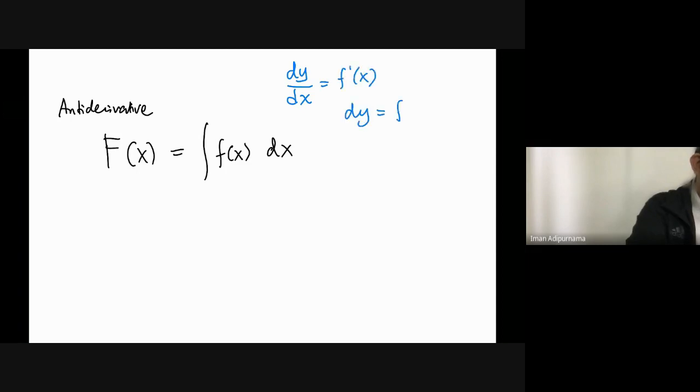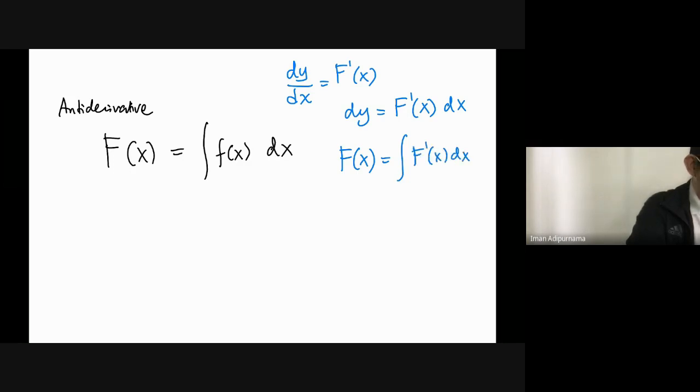So dy is f prime of x dx, and if you integrate dy, it becomes the antiderivative, the integral of f prime of x dx, and f prime is equal to f.